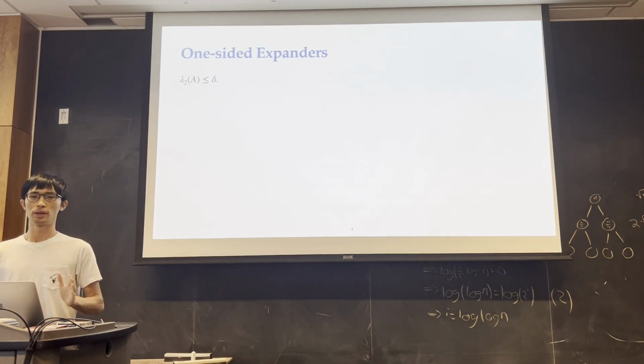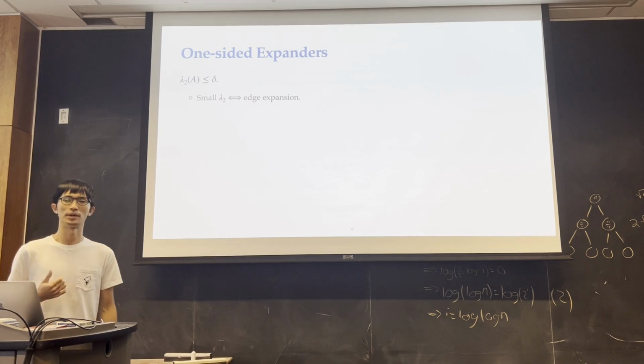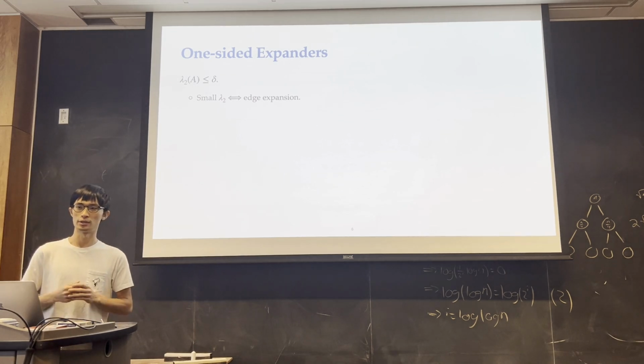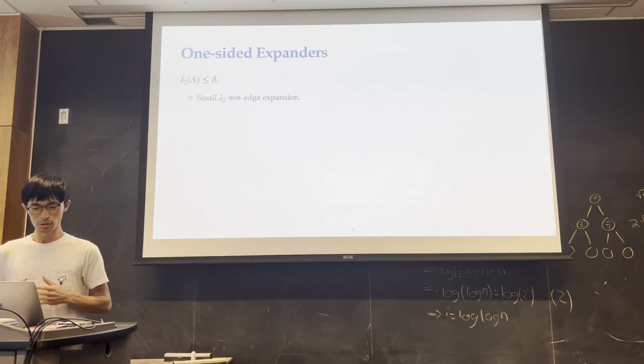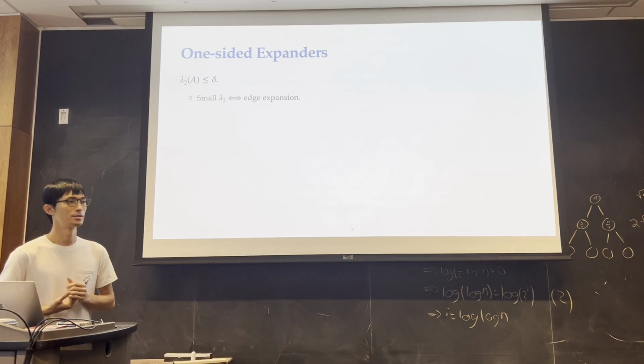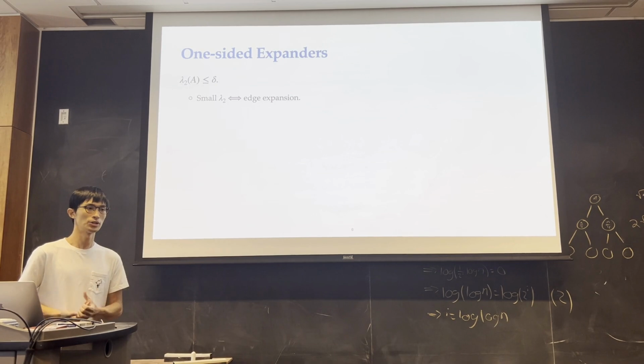Just as a quick reminder, the second eigenvalue being small is roughly equivalent to the graph having good edge expansion. And this is just by the famous Cheeger's inequality. So basically we're asking, suppose we have a graph that has good edge expansion.